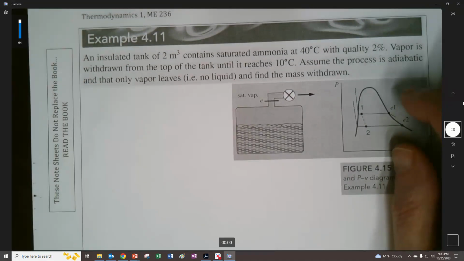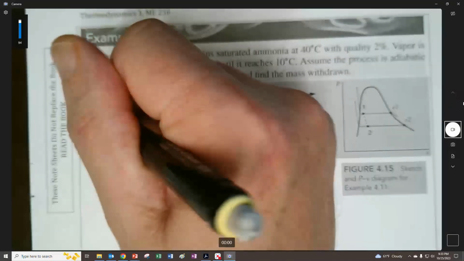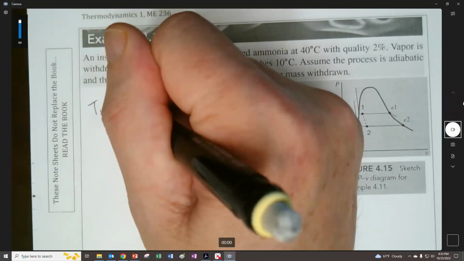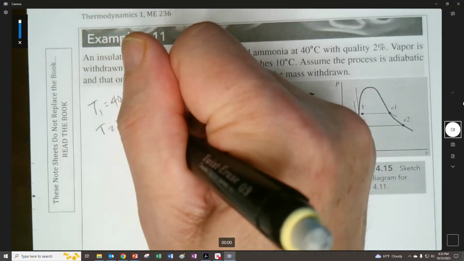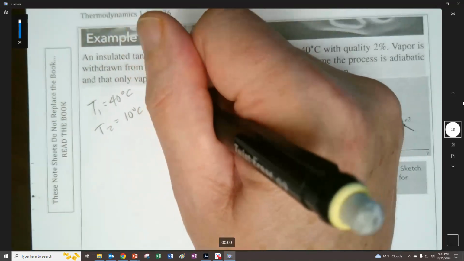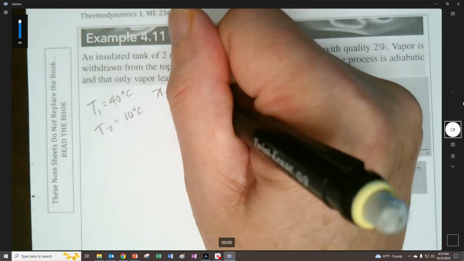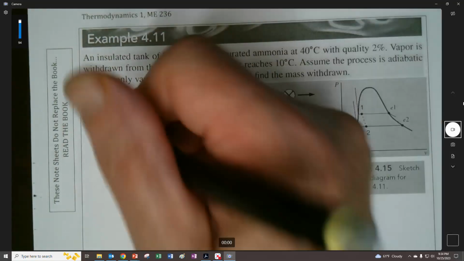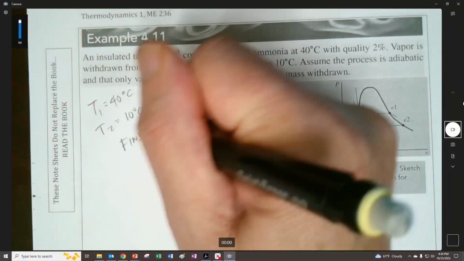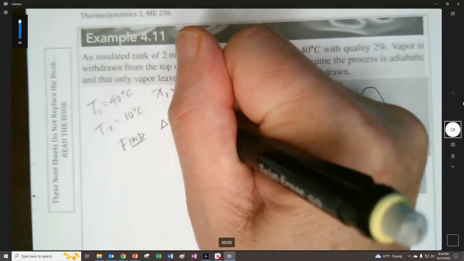We'll see what happens. So anyway, the temperature at 1 is 40 degrees Celsius. The temperature at 2 was 10 degrees Celsius. The quality is 2%, so we can look that up right away, of this ammonia. And our goal is to find the change in mass.